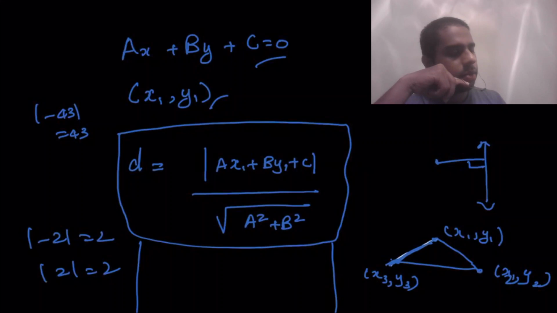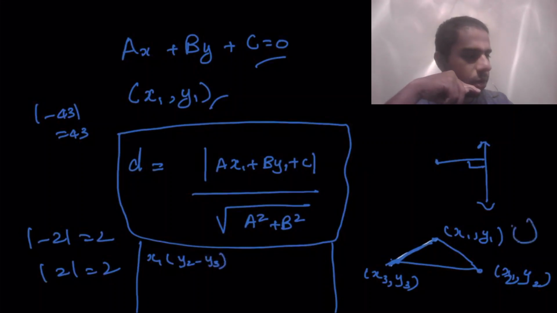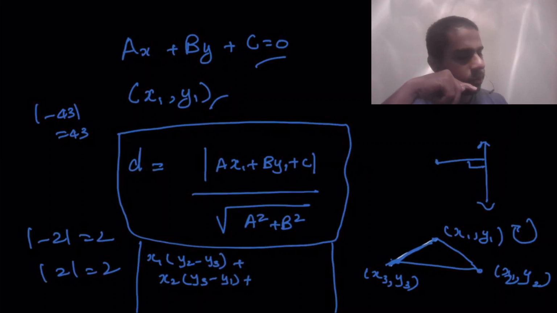Take a point here: x1 into (y2 minus y3), in cyclic order. So x1(y2 - y3) plus x2(y3 - y1) plus x3(y1 - y2).